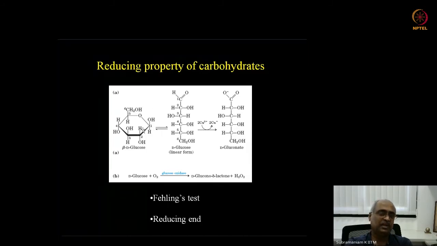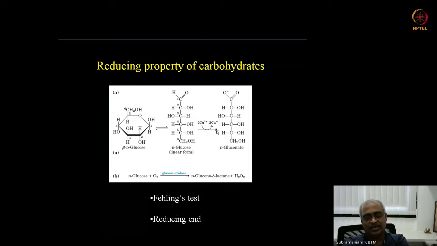And this ability to reduce is the basis for a test called Fehling's test. So here the cupric ion becomes cuprous, and that in alkaline condition can form a reddish precipitate. This was the basis for detecting glucose in the blood and used as a diagnosis for diabetes.